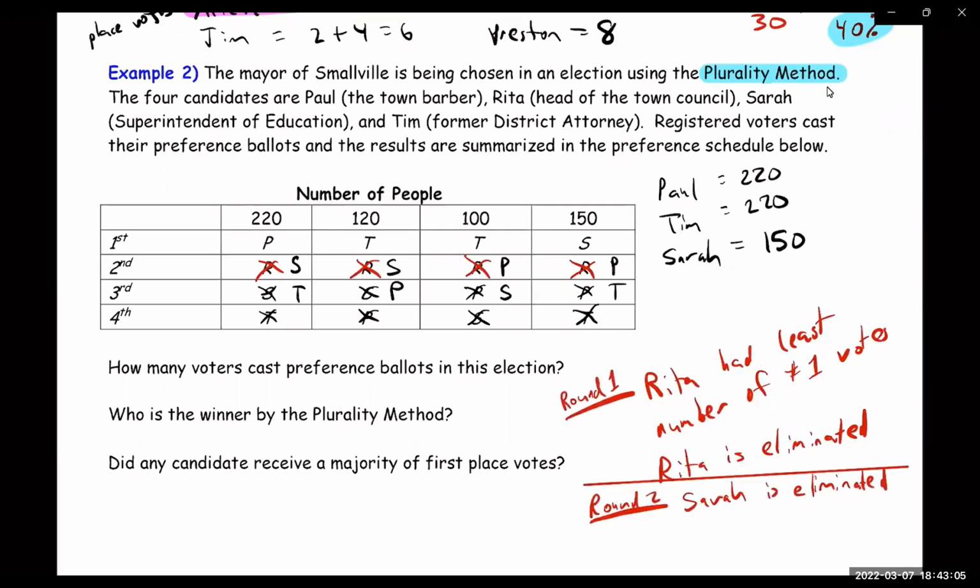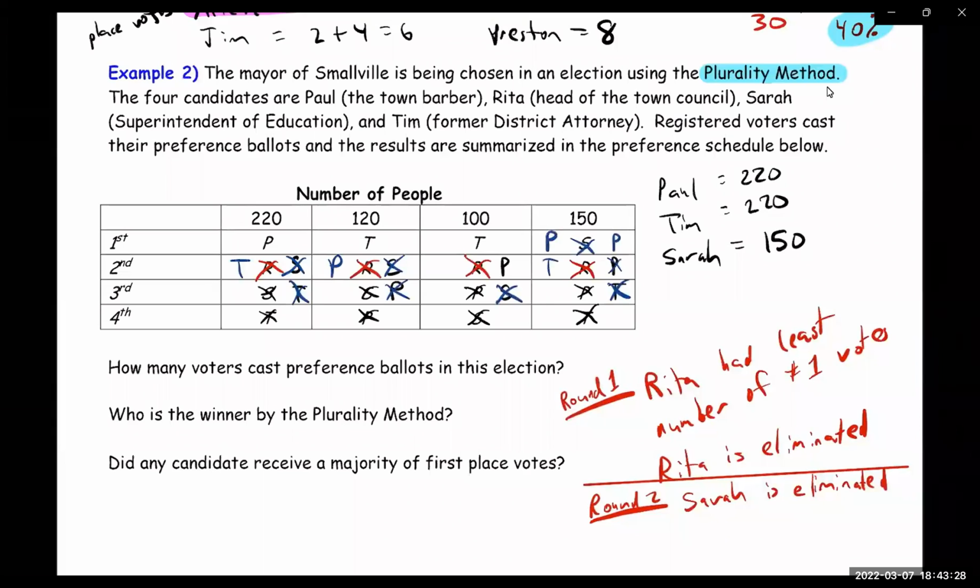Sarah is gone, so now Tim moves up. Sarah is gone, Paul moves up. Sarah is gone, nobody moves up. And Sarah is gone, so now Paul moves up to first and Tim moves up to second.